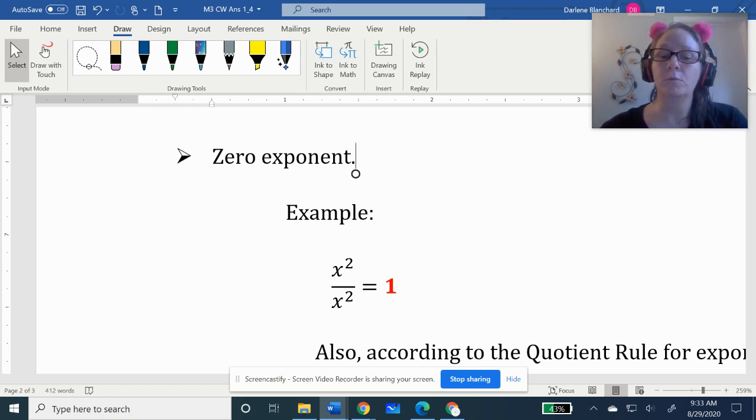Now I have only one more rule to go over today, and that is the issue of when your exponent is 0.